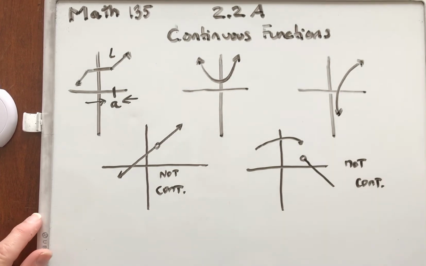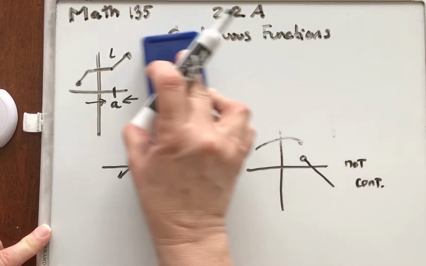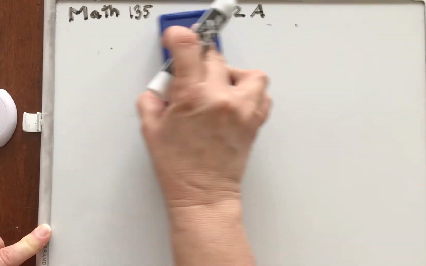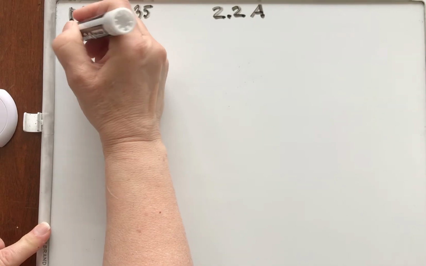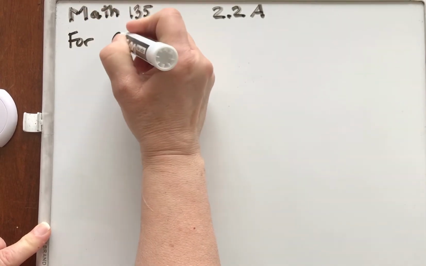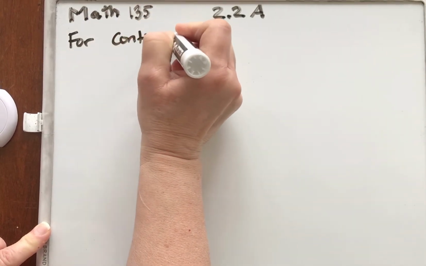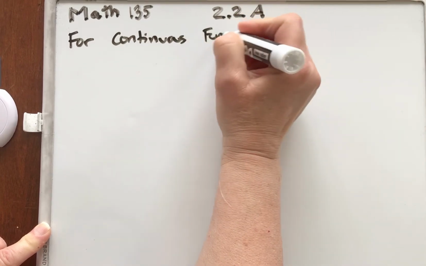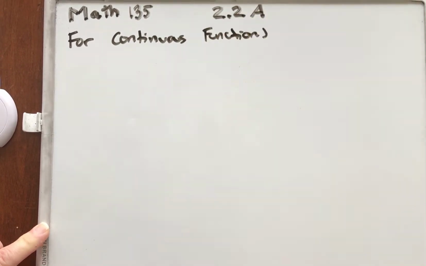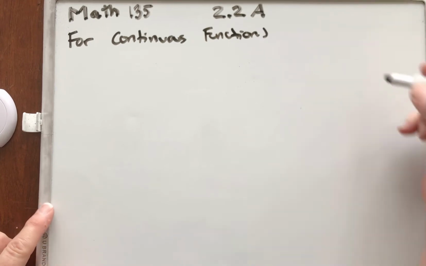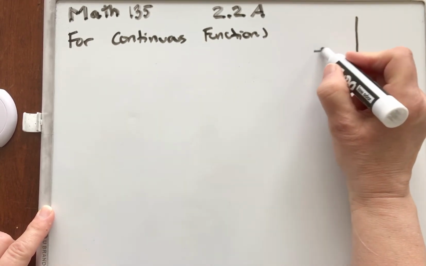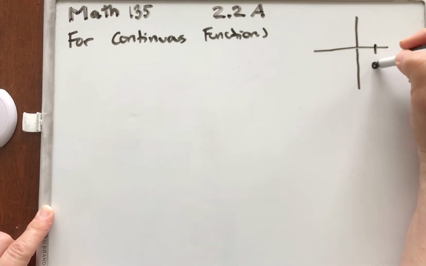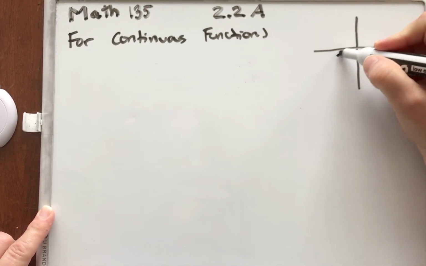So let's go ahead and write that down in a more formal definition. For continuous functions, I'm going to go ahead and draw a little tiny graph here as an example. Same thing as before. I'm going to call this point A. I'm going to draw a line here.